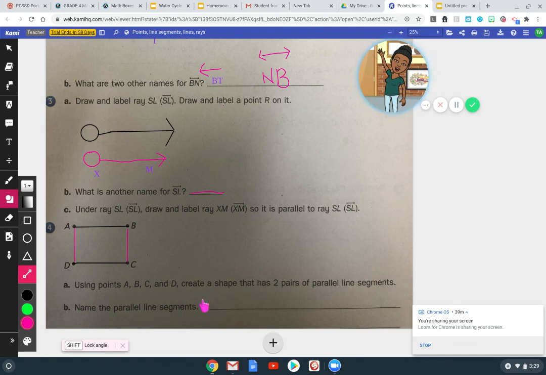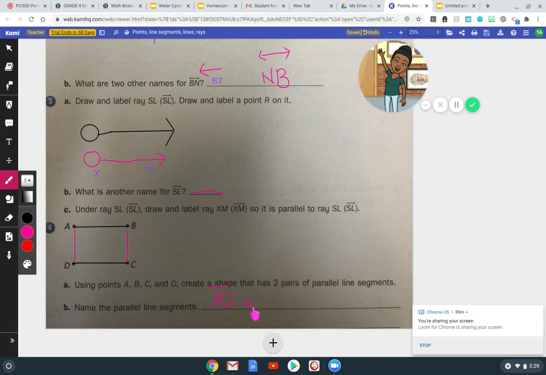I'm going to do one pair for you. I'm going to go to my drawing tool, and I know that AD, that's one line. A, D, and remember these letters have to be capital letters. And I'm drawing a straight line over the capital letters to show that it's a line segment. What other set would you put here?